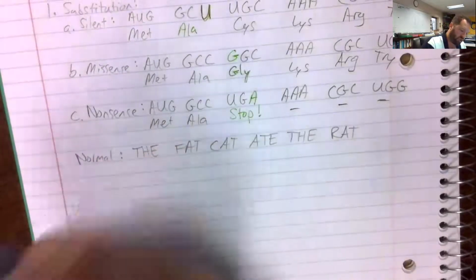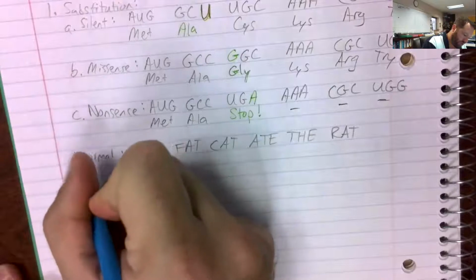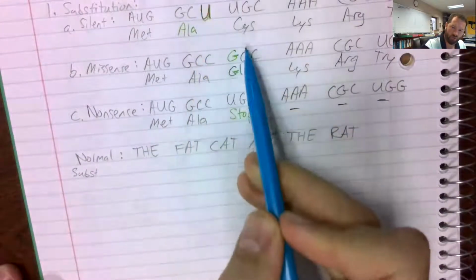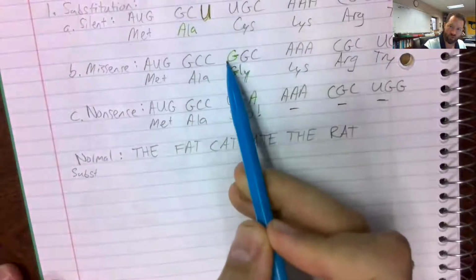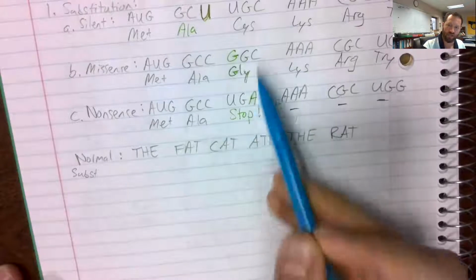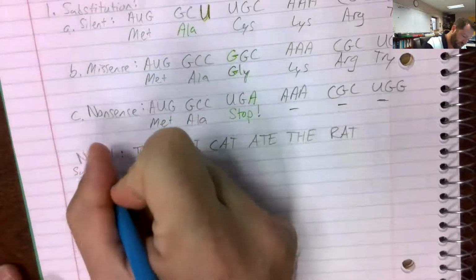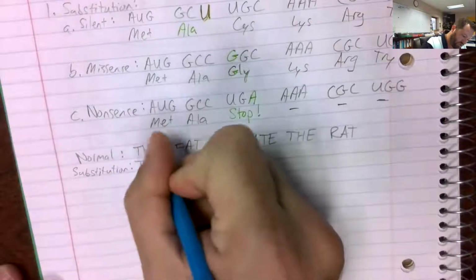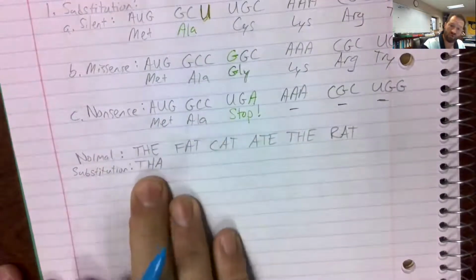What we just looked at were substitution mutations. Again, we substituted one letter for another. This U became a G. We substituted a G for the U. This C became an A. We substituted the A for the C. Substitution. In general, substitutions are okay. There's our substitution.